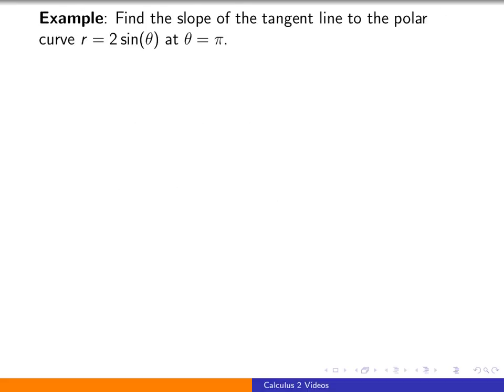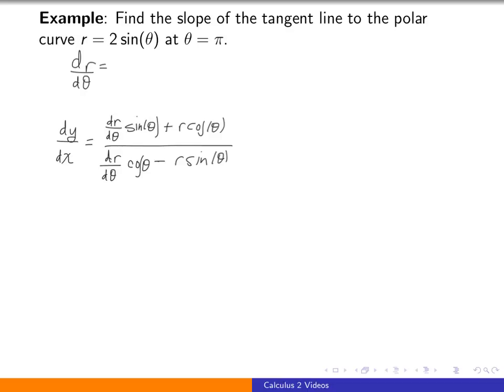Let's find the slope of the tangent line to the polar curve r equals 2 sine theta at theta equals pi. Let me write down the formula that we want to use. dy dx is really dy d theta over dx d theta, and we've used the product rule in the previous slide to come up with the numerator and the denominator.